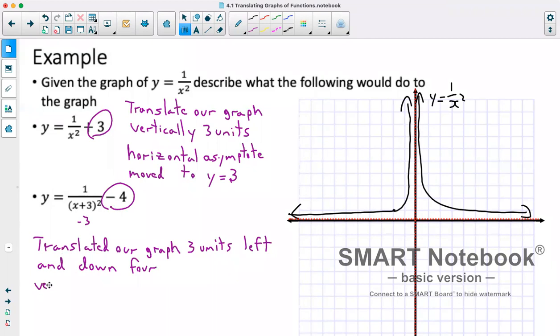Our vertical asymptote is now at x is equal to negative 3 because it's shifting 3 to the left. And our horizontal asymptote has been shifted down 4, so it's at y equals negative 4.